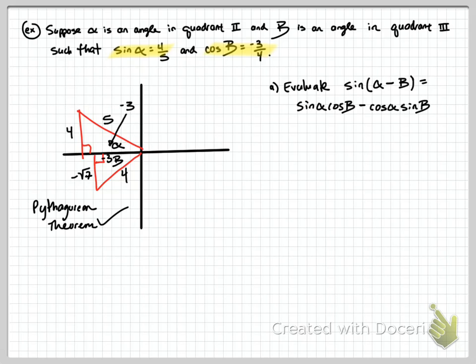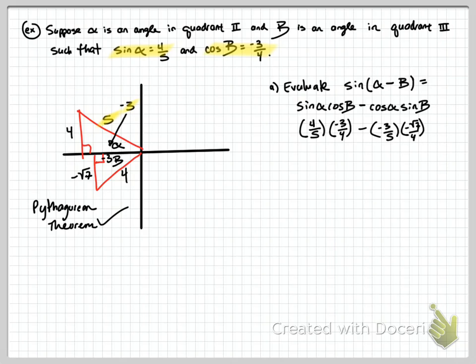So we're going to have 4 fractions here. Sine of alpha is 4 over 5. Cosine of beta is negative 3 over 4. We have that from what we're given, and then we have cosine of alpha, so we can look at our alpha triangle here. Cosine is adjacent over hypotenuse, so it's negative 3 over 5, and then sine of beta is negative rad 7 over 4.